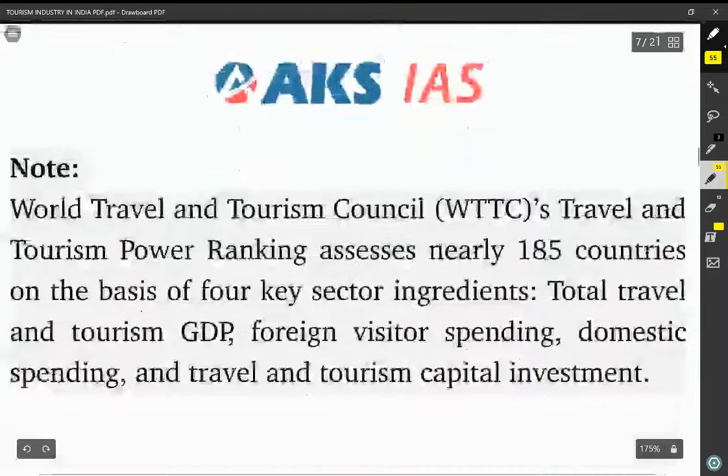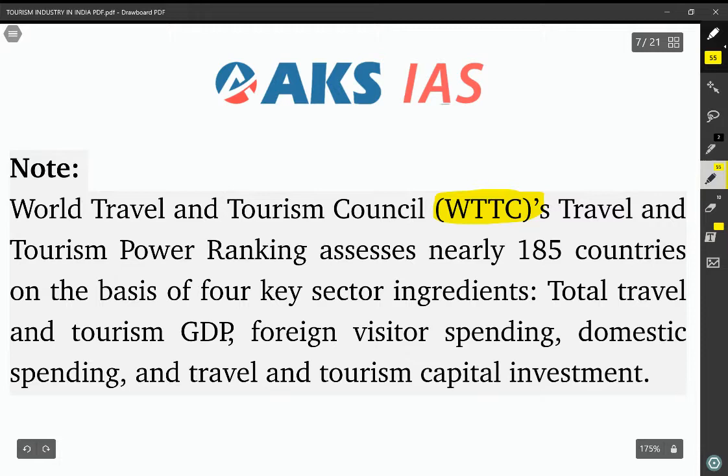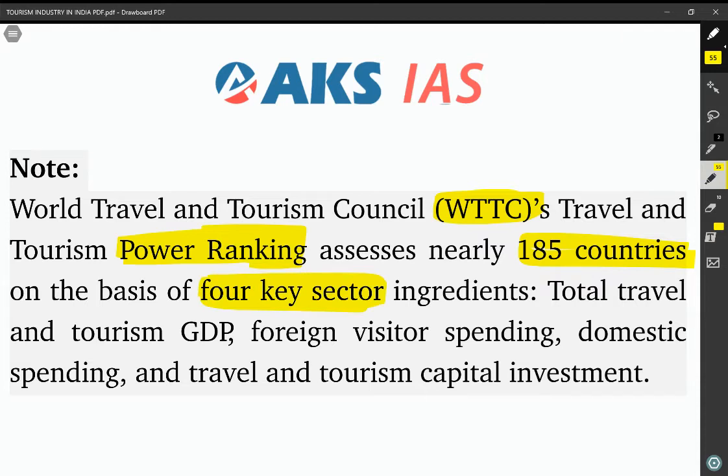Here we will try to know what this Travel and Tourism Council, WTTC, is. The Council gives the travel and tourism power ranking. This assesses nearly 185 countries on the basis of four key sector ingredients. As we already discussed, India is ranked third in WTTC's power ranking. There are four key sectors on which it focuses.